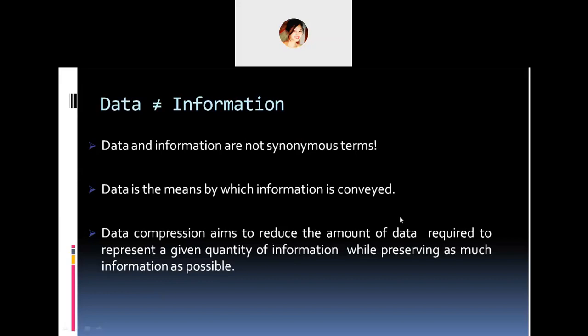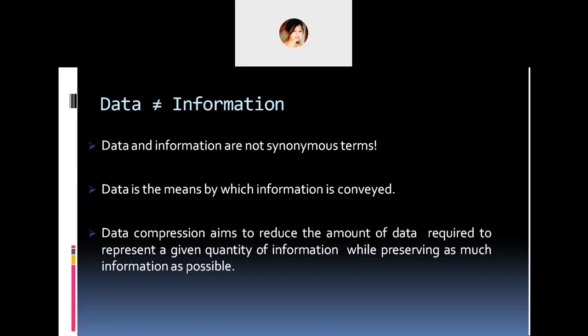Then we spoke on data and information. What is data, what is information, do you remember? Data means some facts and figures, right? And data is conveyed with the help of information. Then we talk about data compression. Why is data compression used?